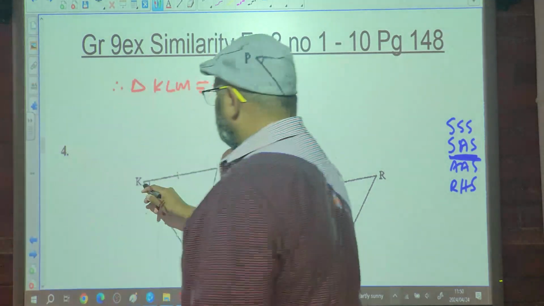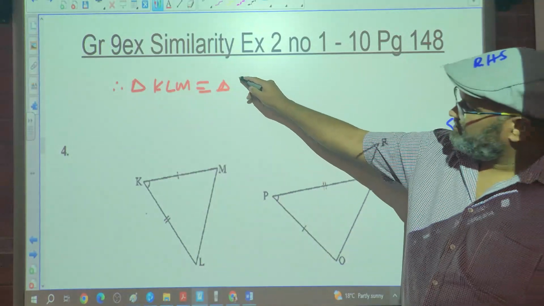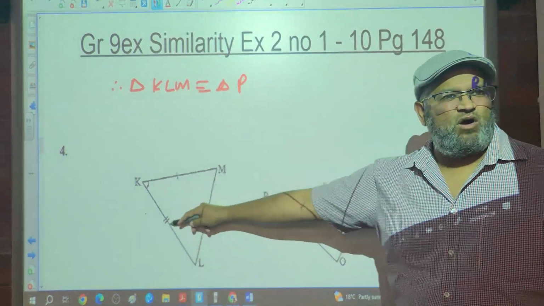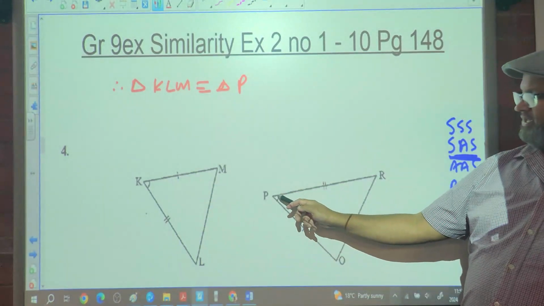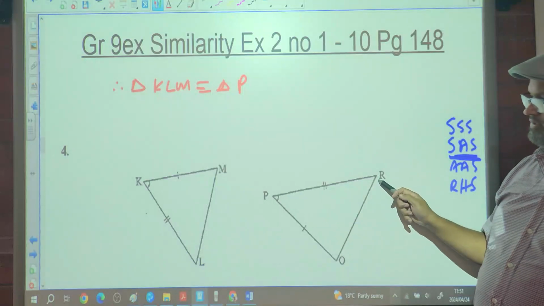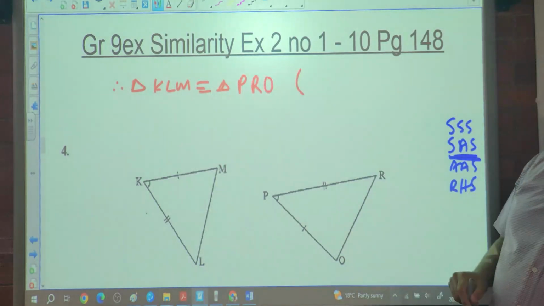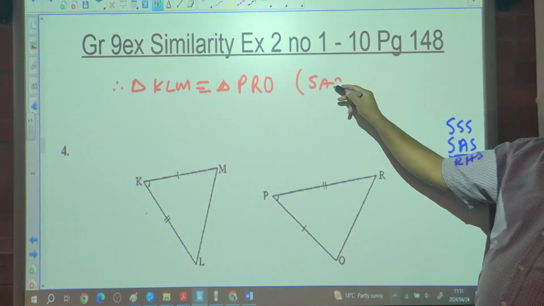So if you go K, then where must I start in this triangle? P. L, I'm going through the side marked 2 strokes. So where must I move from P? To O or to R? R. O. And what condition of congruency is this? Side angle side.